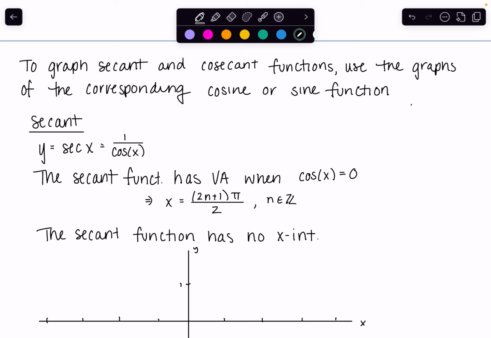If you want to try to find x-intercepts, that would be where the numerator equals 0, but that can never happen. So really there is nothing I could plug in for x that will make this fraction equal 0. So there is no x-intercepts.